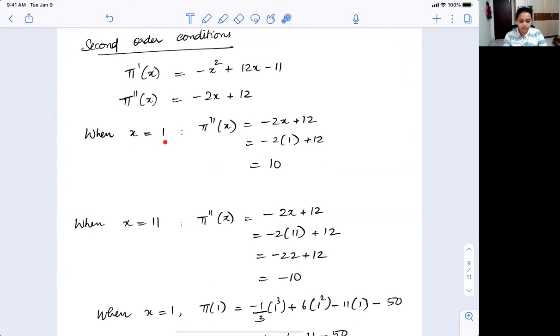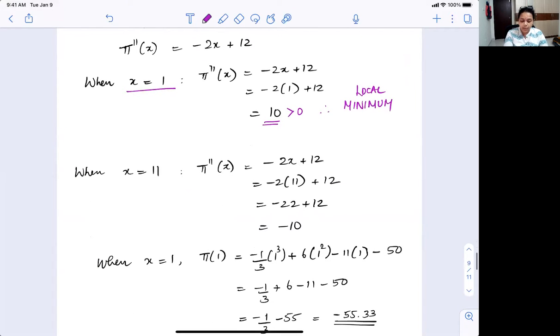At X is equal to 1, the second derivative is positive. Therefore, we're looking at a local minimum. At X is equal to 11, the second derivative is negative. Therefore, we're looking at a local maximum.